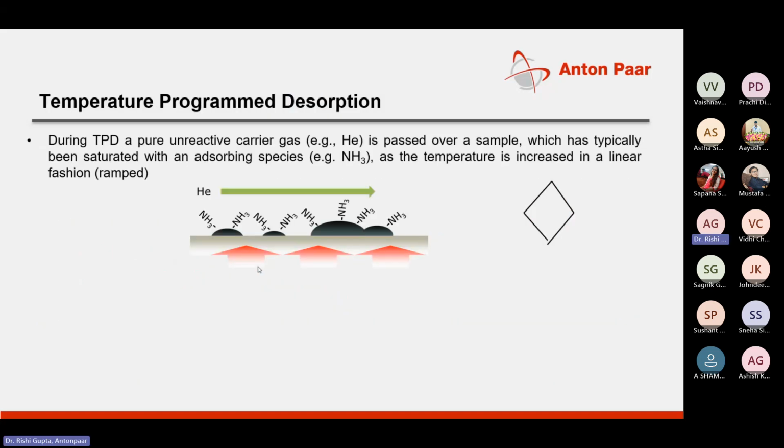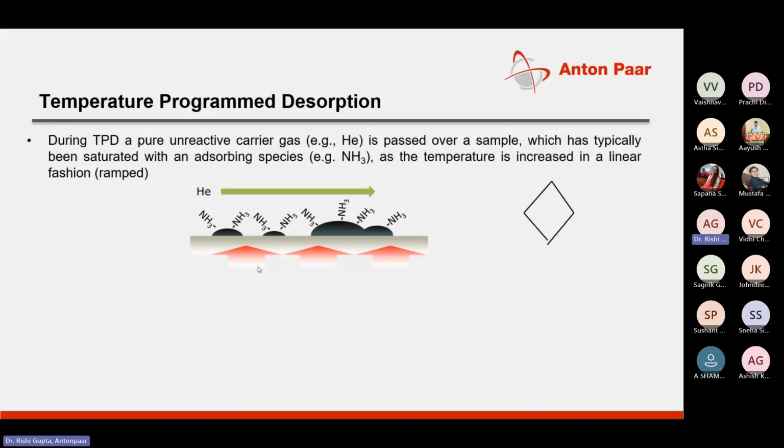Temperature programmed desorption, let's understand it this way: when I say desorption, first it should have something adsorbed onto it, because until it has something adsorbed, it cannot desorb. So in TPD, we basically adsorb some gases onto the material first, either ammonia or CO2.